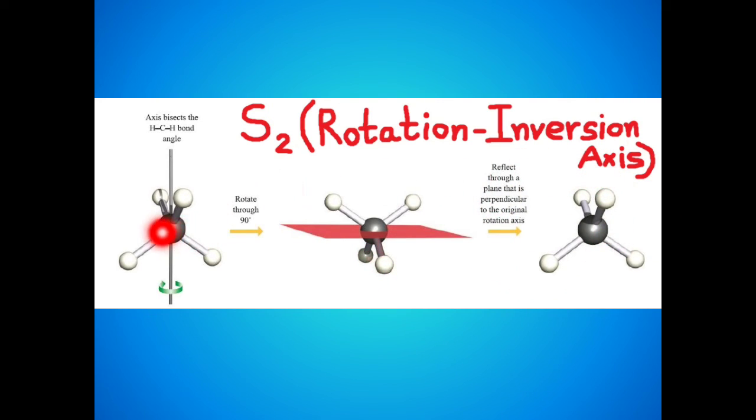So now you can see that the first and the third molecule are indistinguishable in configuration, the same molecules. That's why this is called an S4, or rotation-reflection axis. And why 4? Because we did two changes. First we rotated by 90, then we did one reflection. So this is the rotation-reflection axis in methane.